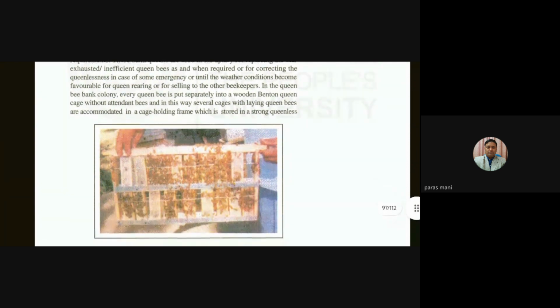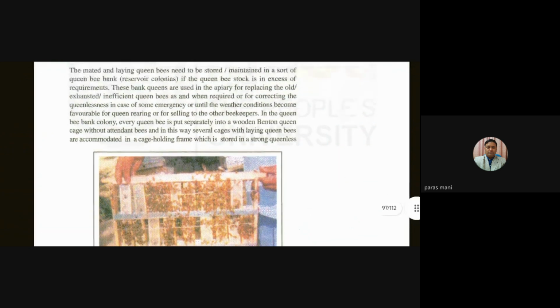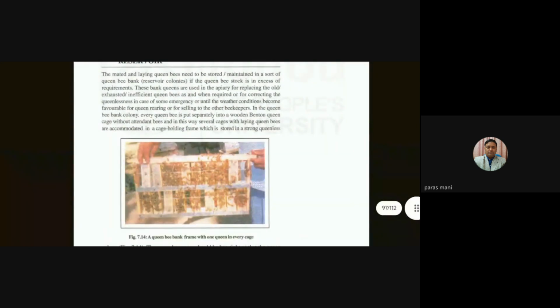Such cages are kept in one frame. So as many as 50-60 queen bees can be kept in one colony, one box. So this is about maintaining the queen bee bank or queen reservoir.